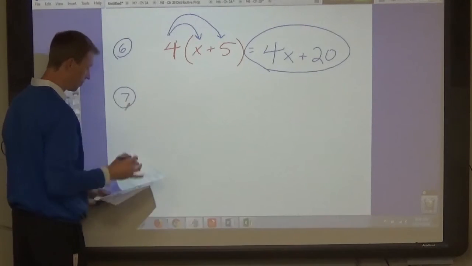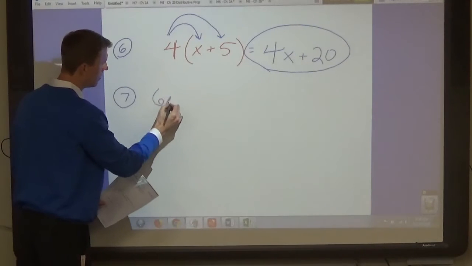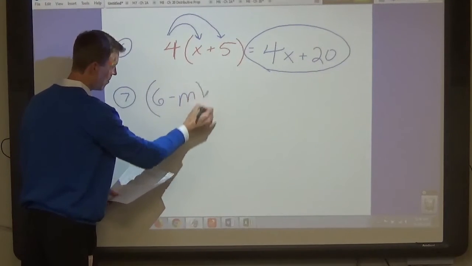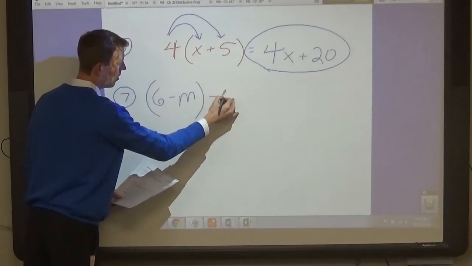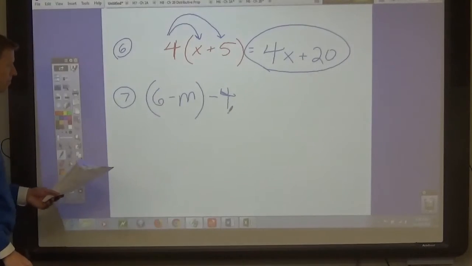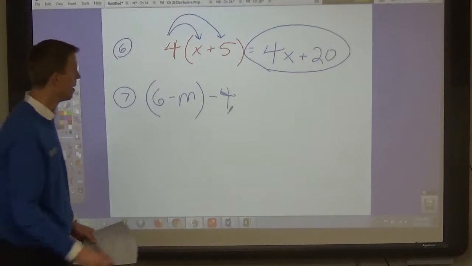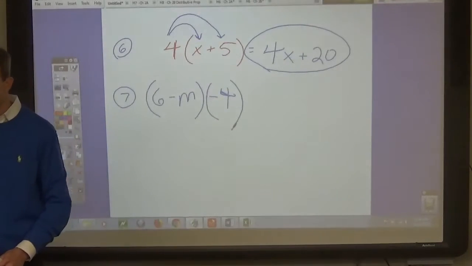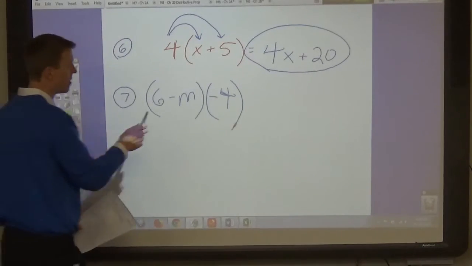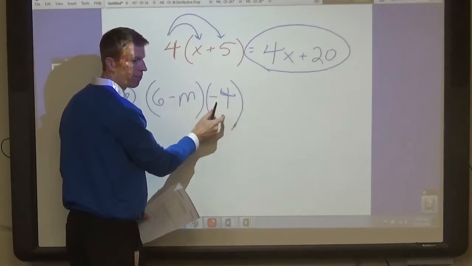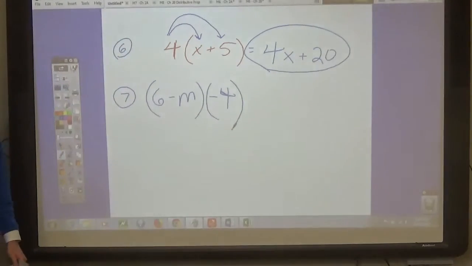Number 7. 6 minus m times negative 4. And this negative 4 is in parentheses. It doesn't have to be. But what it's showing is that this is not minus 4, it's times negative 4. So, what should we do now?